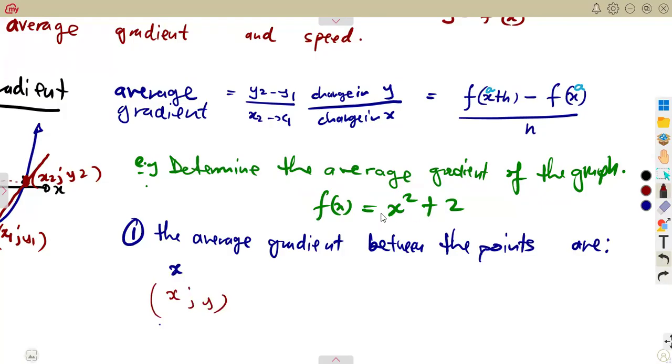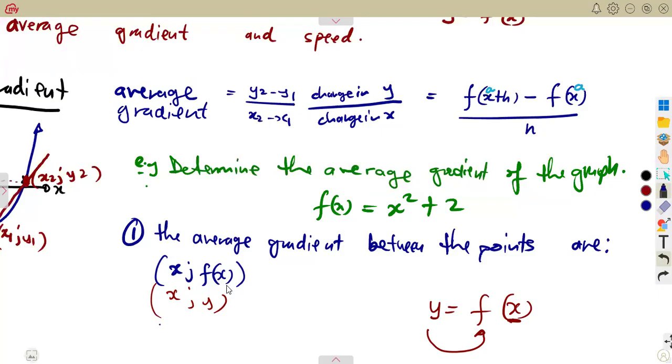So if you are given like this, y is equal to f of x. That is what it means. So what represents y is f of x. So if we have got an x here, this is f of x, which represents what? Which represents y. So y in this case is simply going to be taken as f of x, because they might not give you this f of x. They might just give you x.